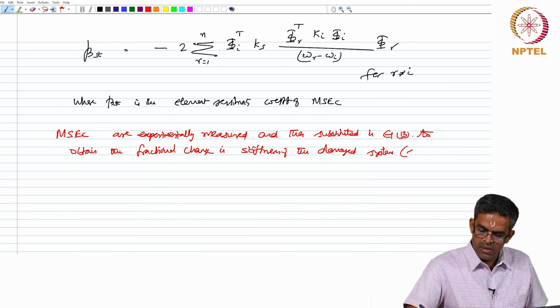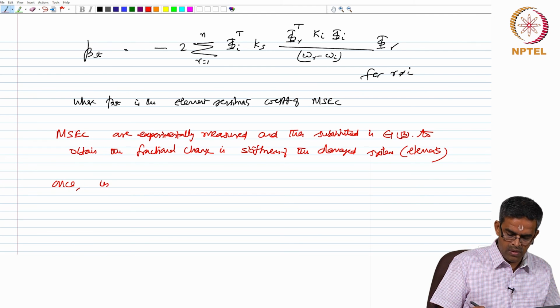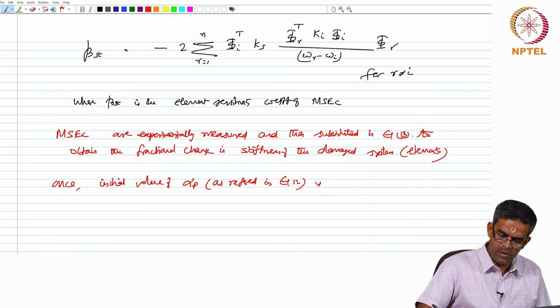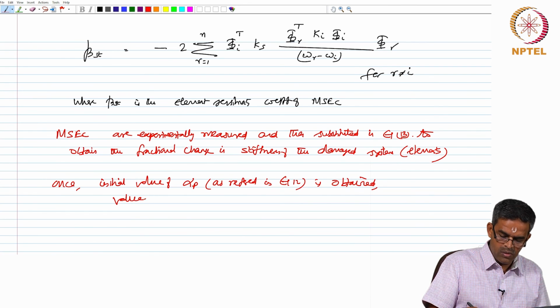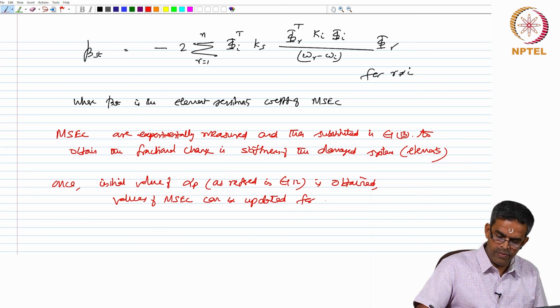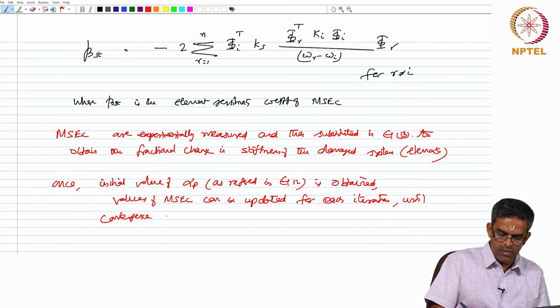Or let us say the damaged elements. Once initial value of alpha p as referred in equation 12 is obtained, values of modal strain energy correction can be updated for each iteration until convergence is reached.